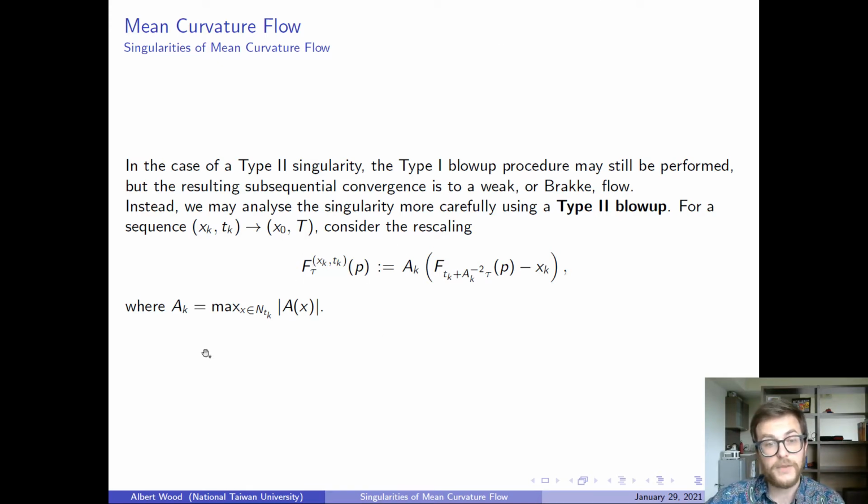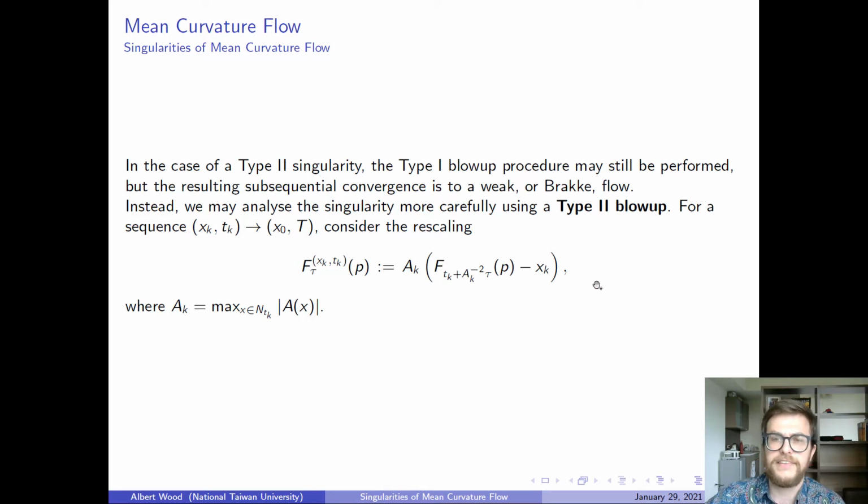So explicitly, we take a sequence of times t_k tending to our singular time, capital T, and we define a_k to be the maximum of the second fundamental form over the manifold at this time, and then we perform a rescaling around the point x_k, which we choose so that the second fundamental form is maximized at that point, and we perform the rescaling with factor a_k, so that the maximum of the second fundamental form at that time is now 1.